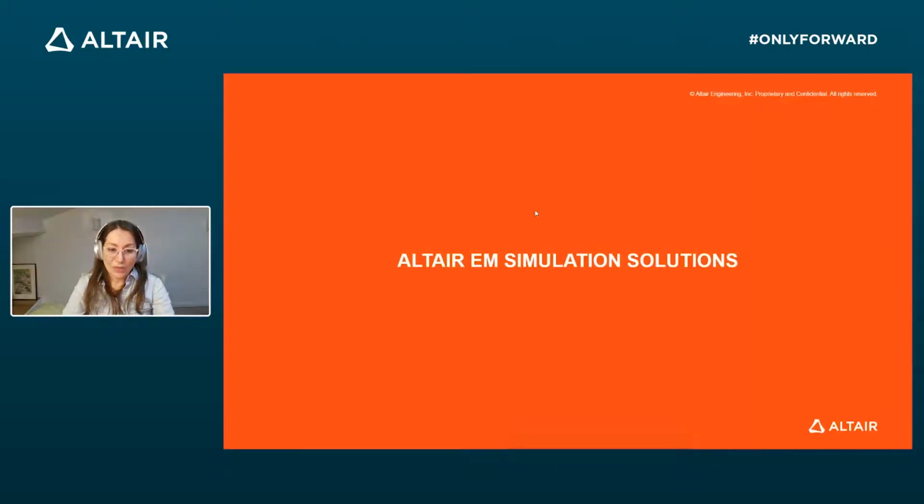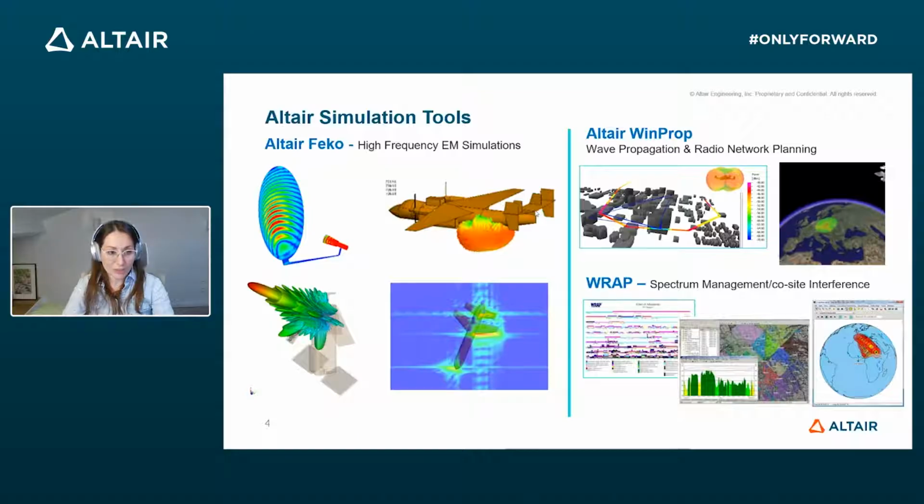So to start with a quick overview of Altair's electromagnetic simulation solutions, as I mentioned, we have our three main tools. So Feko, in which we are able to perform antenna design and optimization, and we will also be able to perform antenna placement analysis.